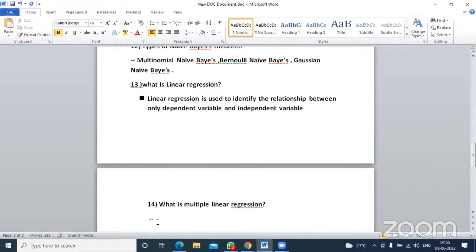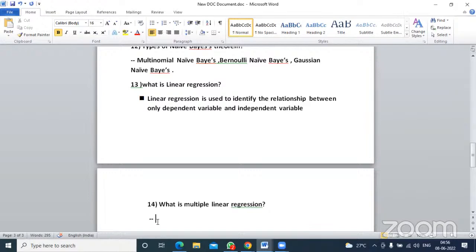Yes, in simple linear regression there is only one independent variable and one dependent variable.